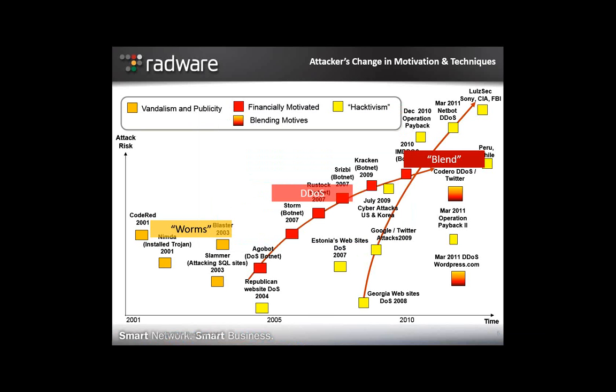The attack is not recognized until it's to your server assets, and at that point it's already too late. So this blended approach that the attackers are taking is what is causing all of the problems for these inferior devices, or for organizations that try and stand up multiple security devices to accomplish really one common theme of DDoS prevention.